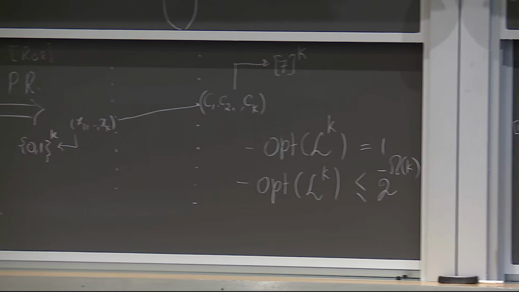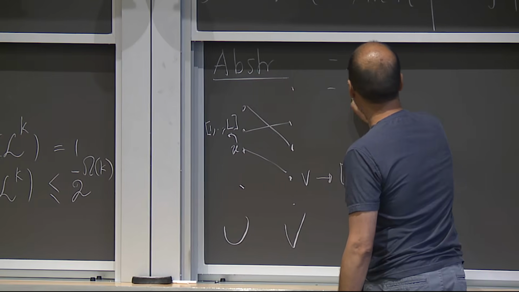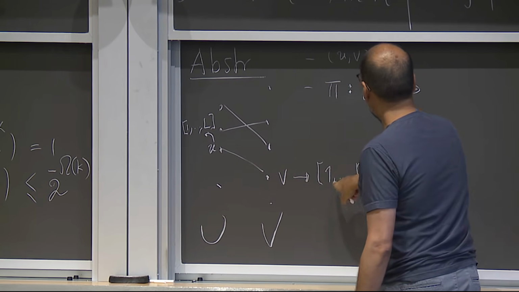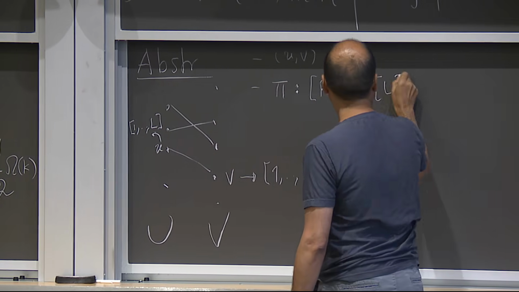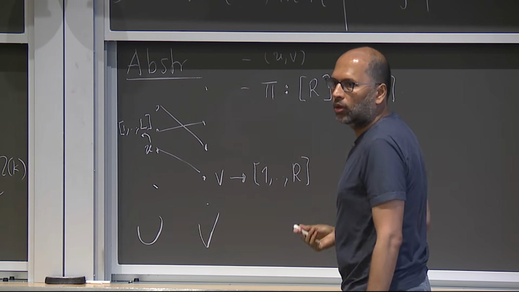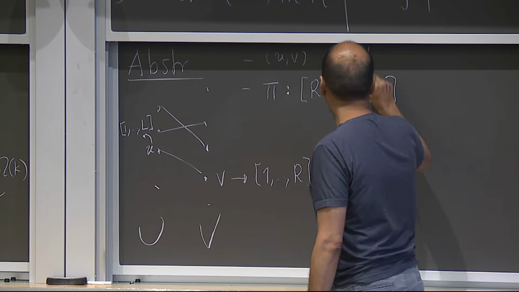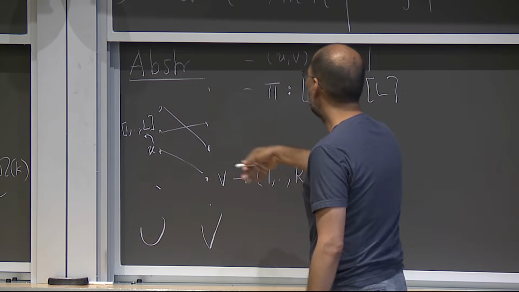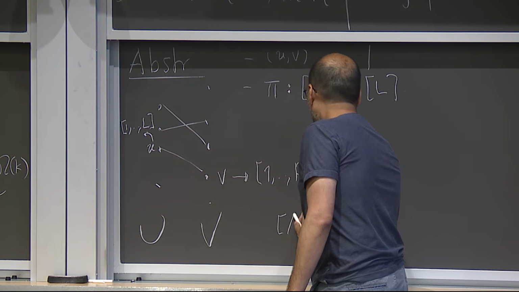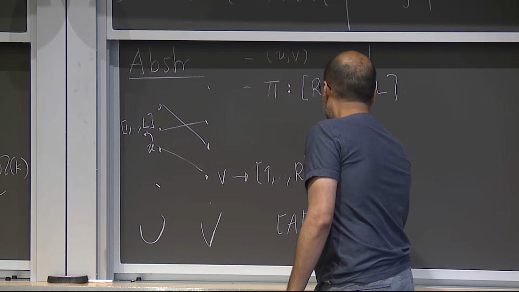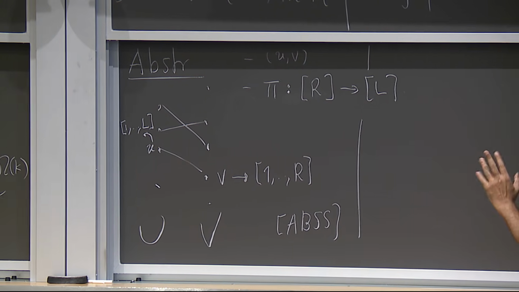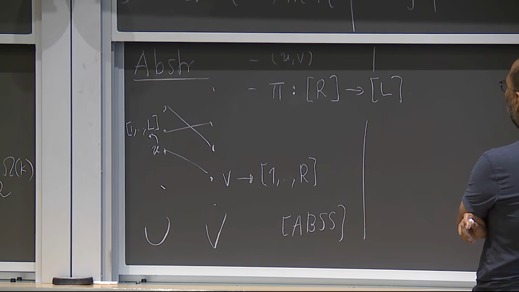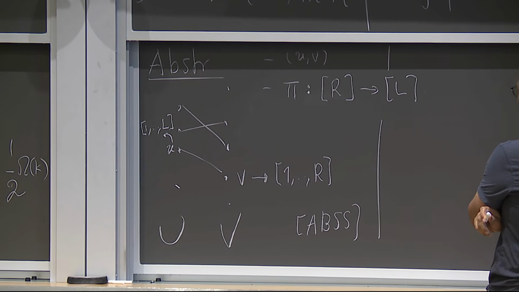So each constraint between a pair little u, little v is really defined by some map, which maps any label on the larger side to a unique label on the other side. This is how the constraints are defined, and that's the abstract version of the label cover problem: find a labeling which satisfies as many of these constraints as possible. At this level of abstraction, this was introduced by Arora, Babai, Stern, and Sweedyk. Right. So that's label cover.